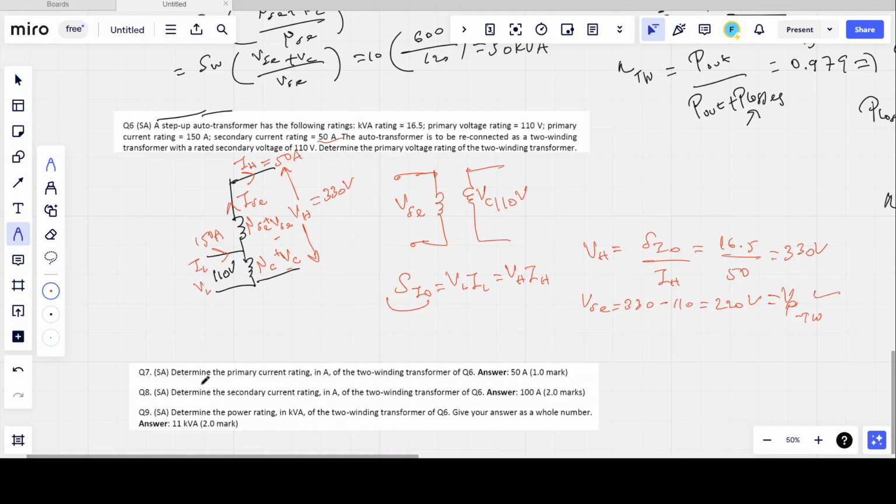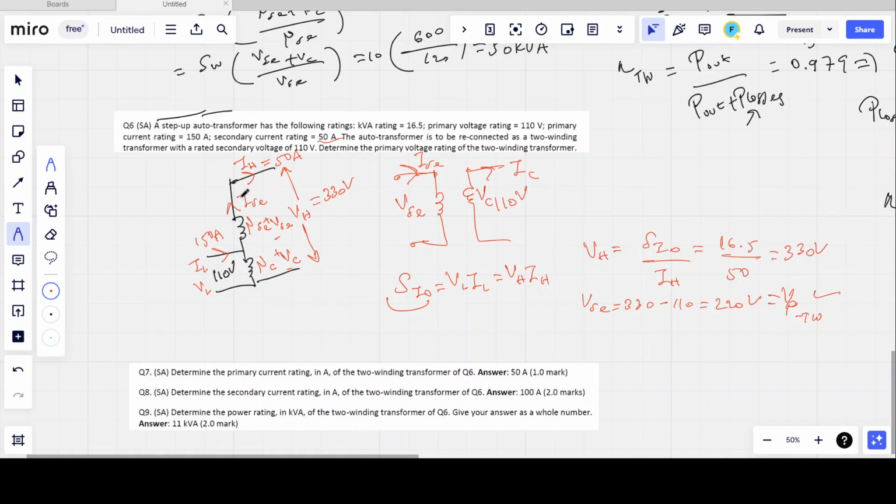The next question is to determine the primary current, this current here, which we call ISE, and this current here is IC. So what is going to be the primary current of the two winding?